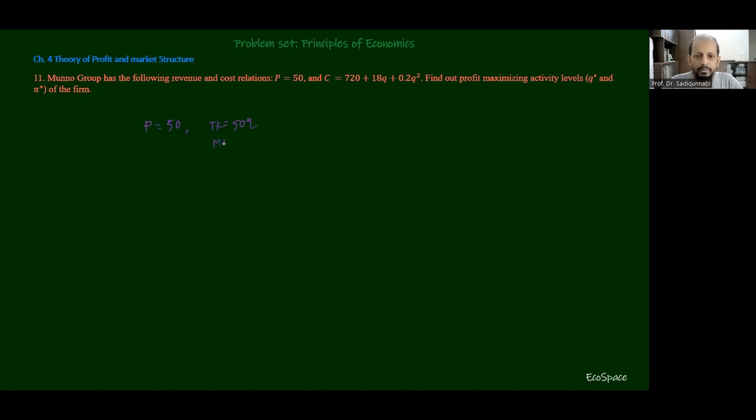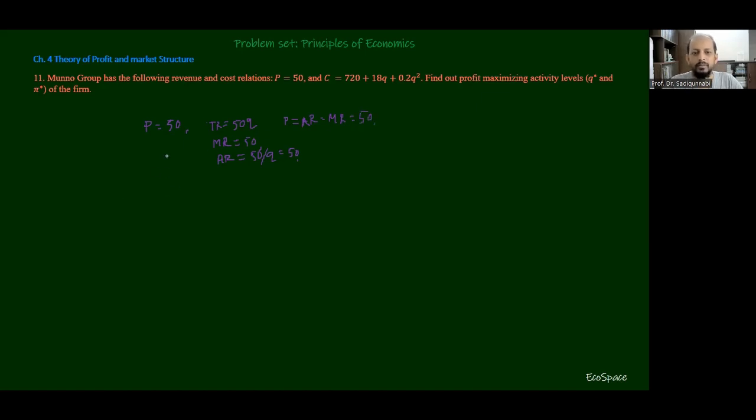TR is 50Q, and MR is 50. So we have got P as well as AR is 50Q divided by Q, which equals 50. So we have the situation that P equals AR equals MR equals 50.